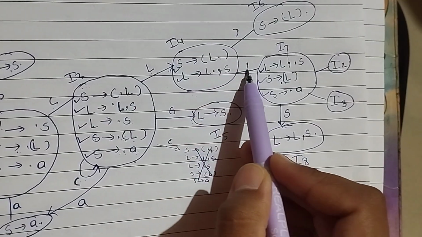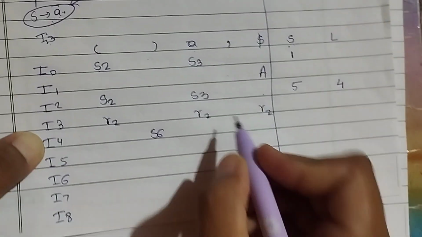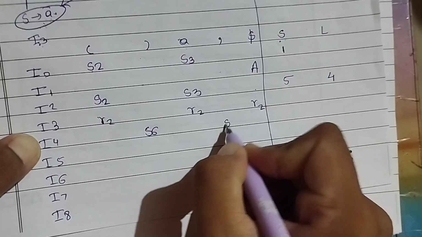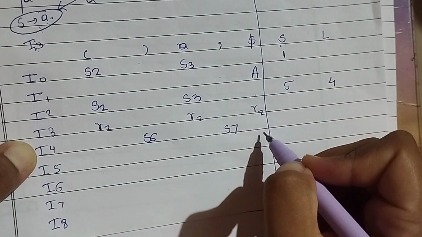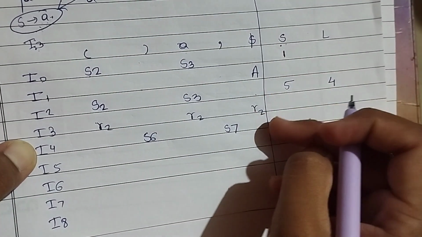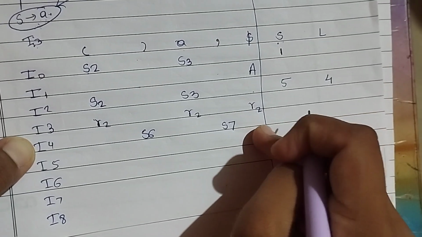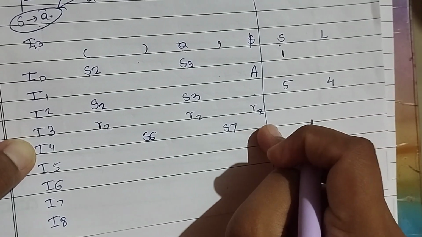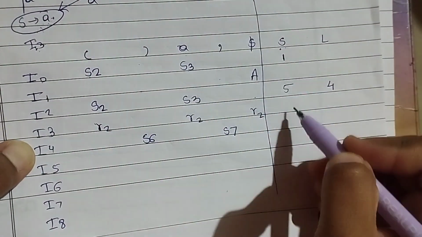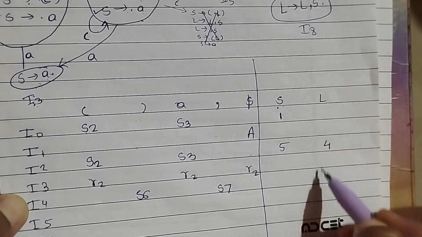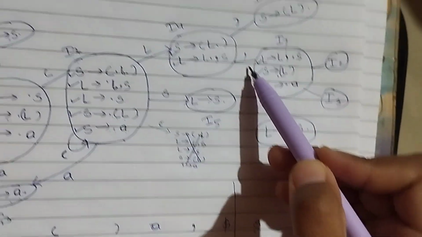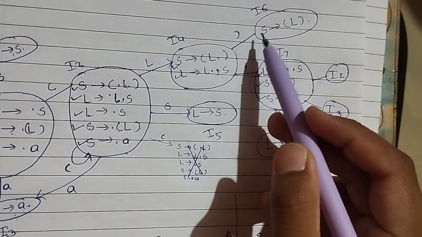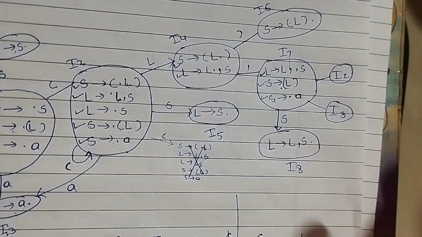I4 shifts the comma to I7, so we write S7 below the comma. Dollar does not come, because no acceptance state is present in I4. Now for S and L: I4 does not shift non-terminals anywhere, so we do not write anything.